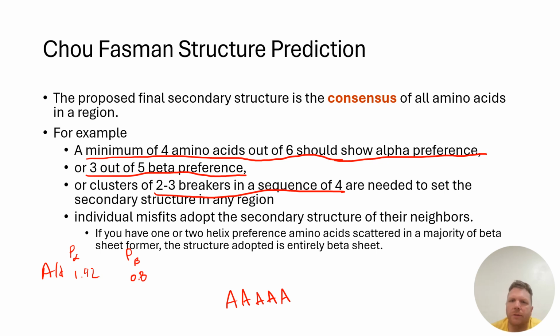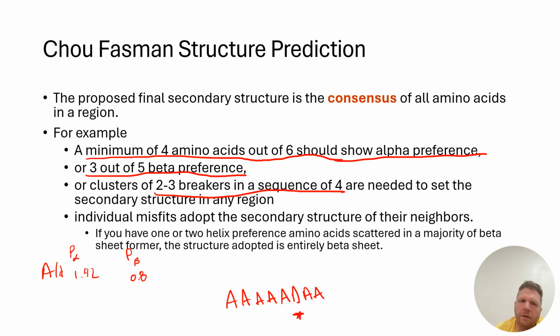And then we had something like an aspartic acid, then A. Now, what this means is that we have 1 or 2 misfits. Here we've got 1 misfit in a majority alpha helix. This is going to form that alpha helix.